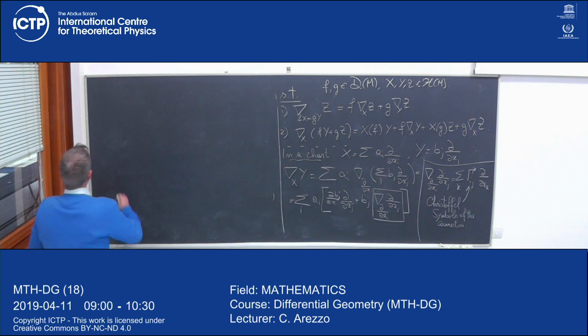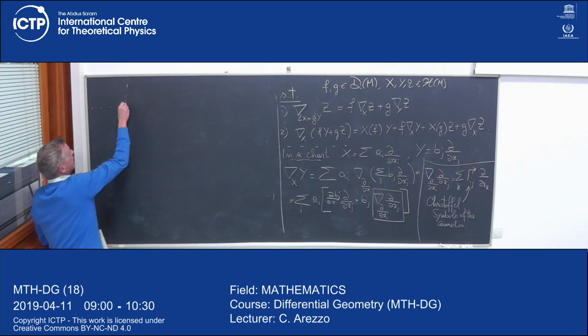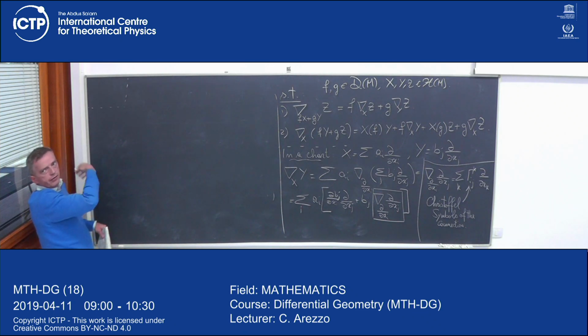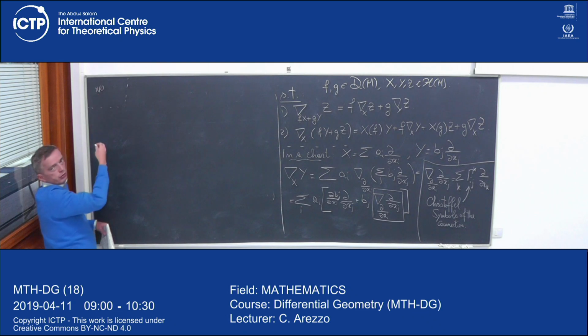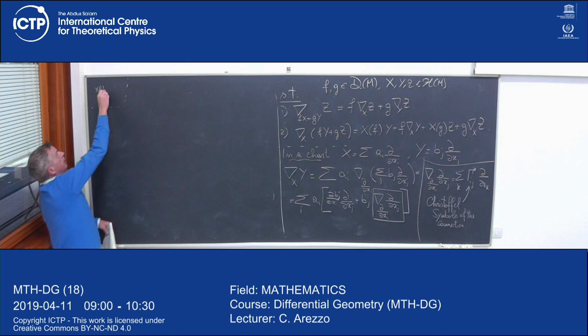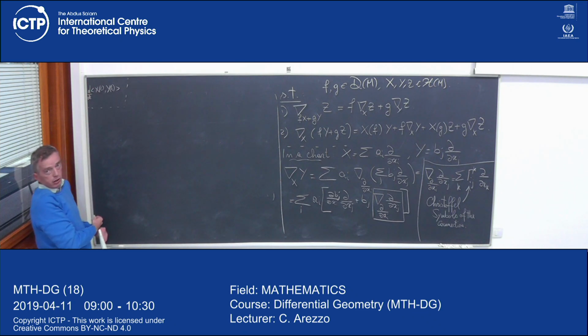So remember, in Rn, you have used it millions of times already. If you have two vectors which depend on one parameter, which if you want is just a vector field along a curve, and you are taking the scalar product of this and you are asking how much is d/dt of this, you know that the scalar product behaves like Leibniz.